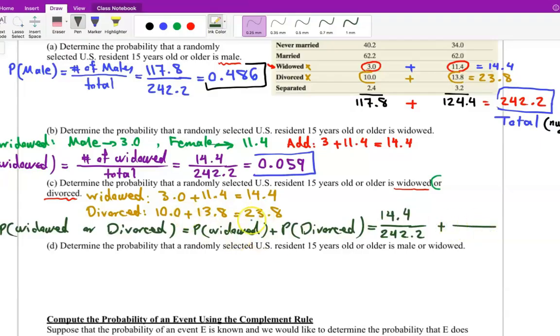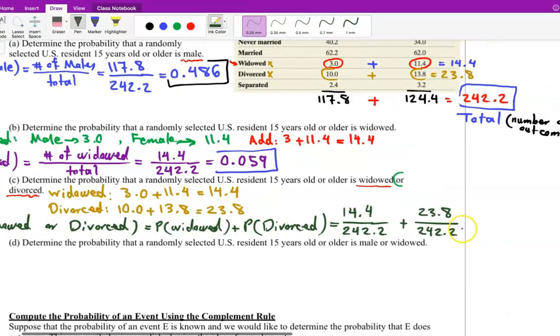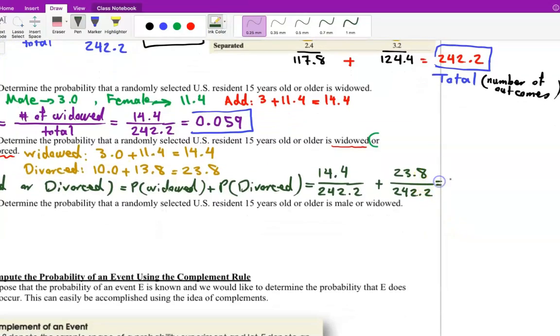Now in this group, after adding these two, we have 23.8. Number of outcomes, again, 242.2. And it's equal to 38.2 divided by denominator. That is 0.158.